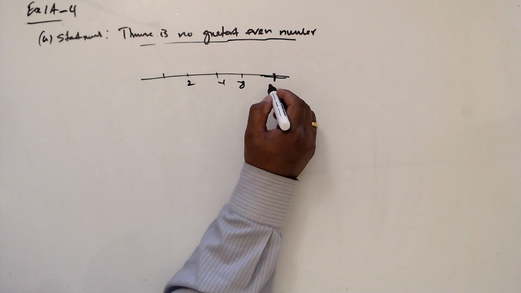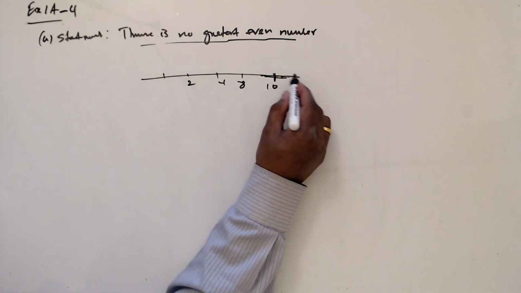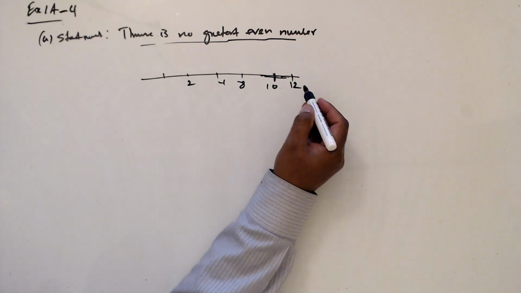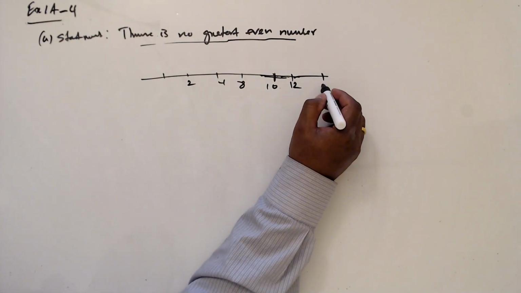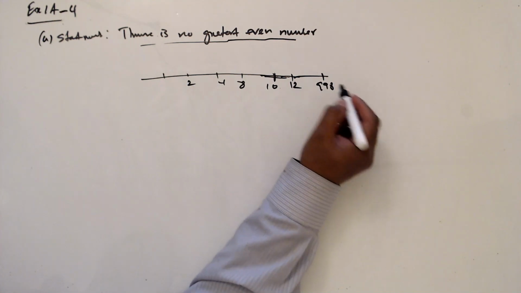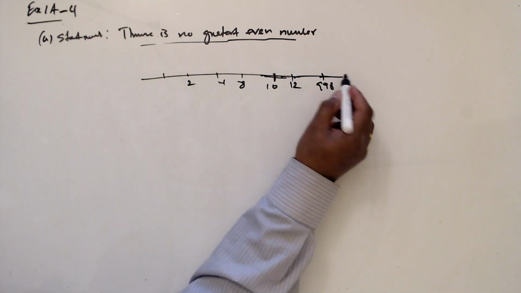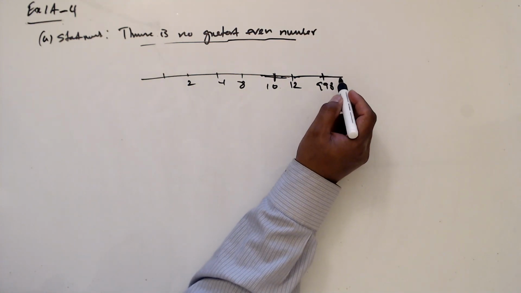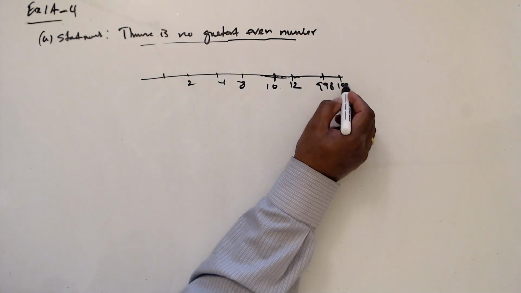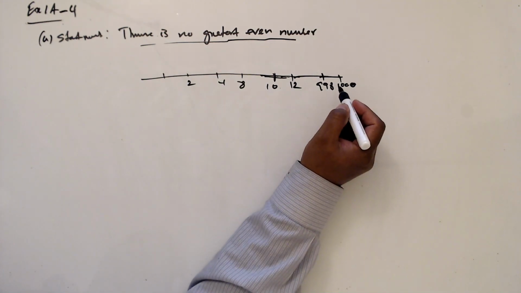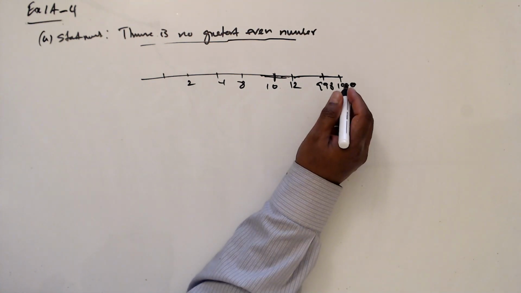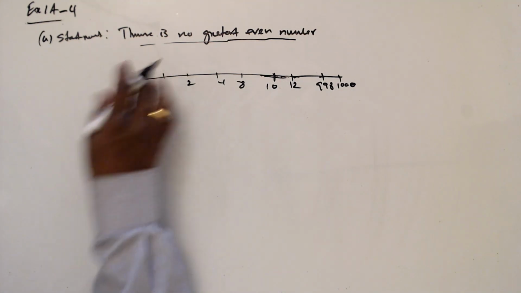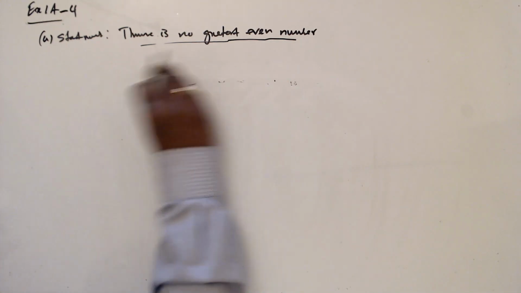If you tell me that 10 is the greatest, I will add 2 and tell you 12 is the next one. If you tell me 998 is the greatest even number, I will add another 2 and say no, 1000 is the one. So likewise, whenever you tell me, I will add 2. So this is ongoing. So there is no greatest number, which is true.